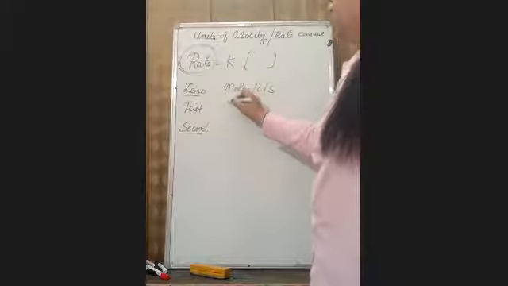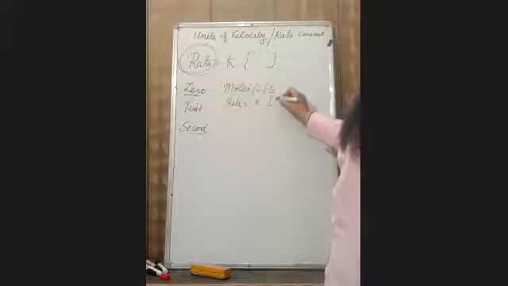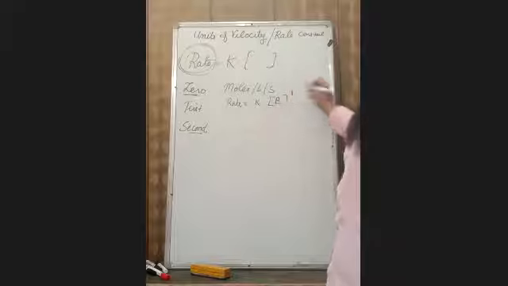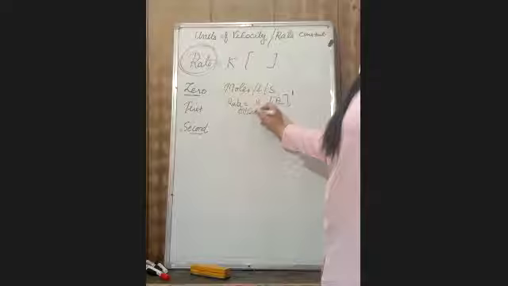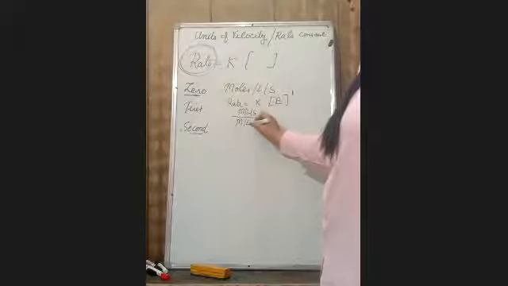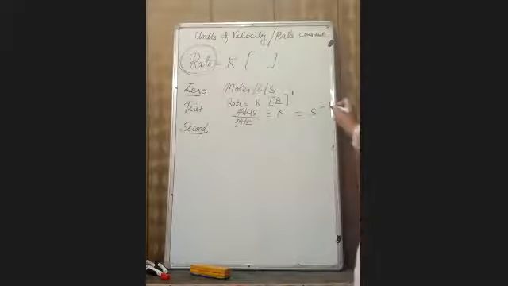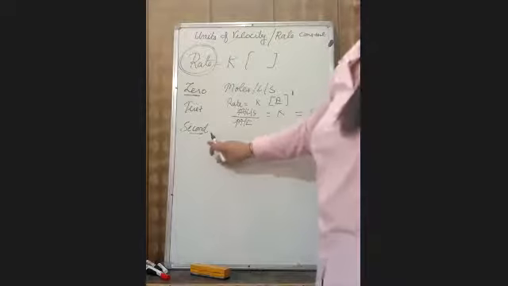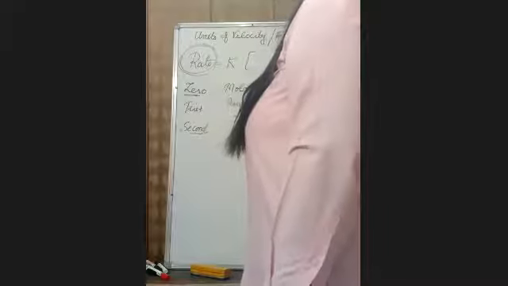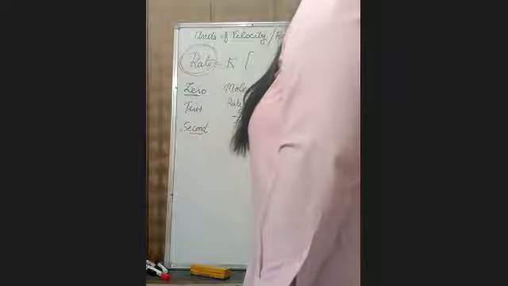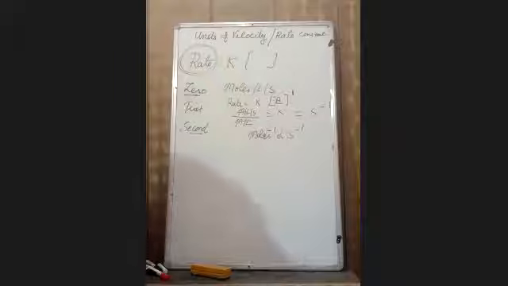And for first order, rate is equal to K into, suppose any concentration, I am taking A, its power 1. So it will be moles per liter per second over moles per liter is equal to K. It will be per second. And similarly, for second order, it is moles per liter per second, per mole, liter per second.